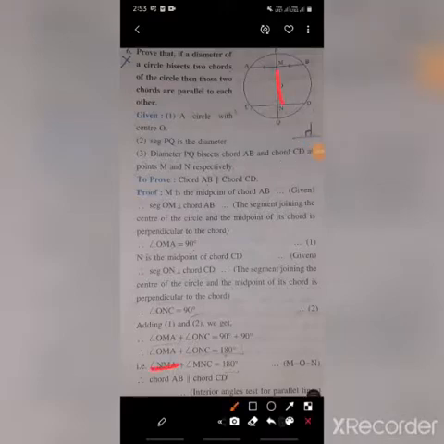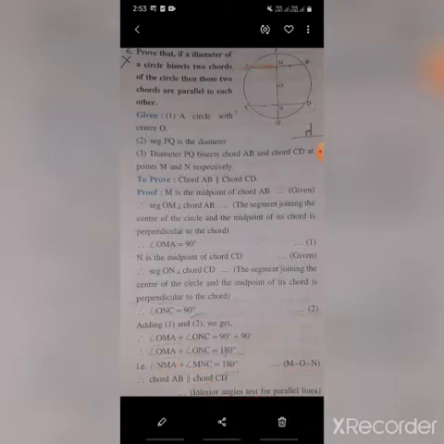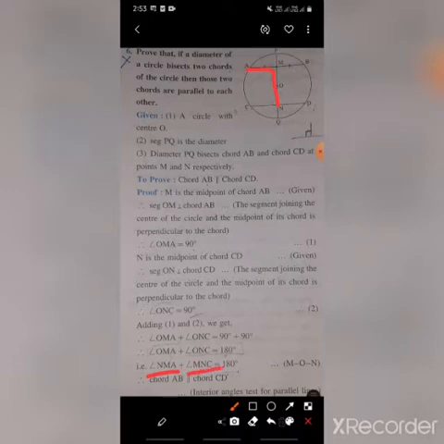N, M and A, then MNC, is 180 degrees. Then chord AB is parallel to CD by the interior angles test of parallel lines. This one is interior angles, NMA and MNC. Just because of the interior angles test, segments AB and CD are parallel.